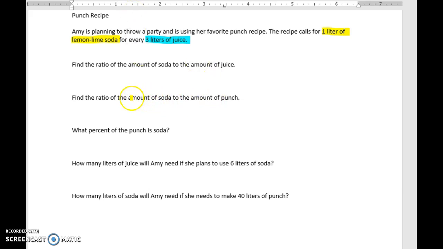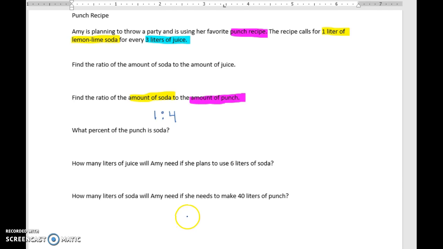So again, we're talking about the amount of soda, and punch is the entire thing, and that's the entire recipe, so that would be this piece. And so we know that the amount of soda is 1 liter, and that ratio to the amount of punch would be the combination, so that would be a 1:4 ratio.